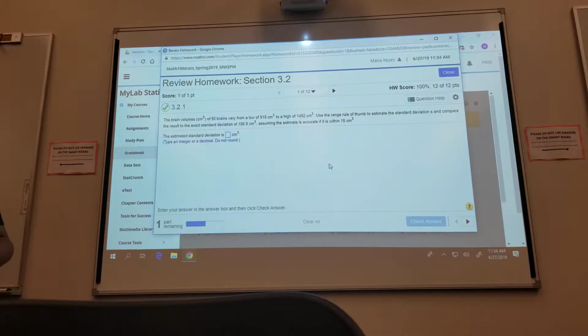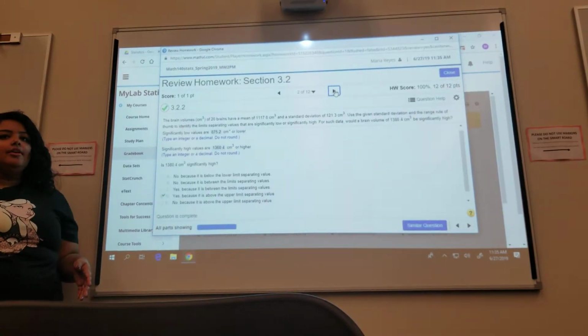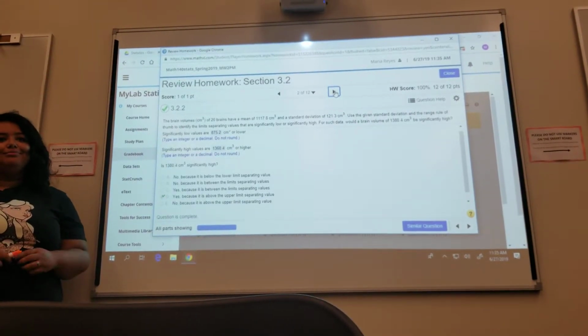Oh, this is the range rule of thumb. We didn't go over that. We didn't go over the range rule of thumb. Okay, so in your packet, just look through, and there should be the range rule of thumb in there.